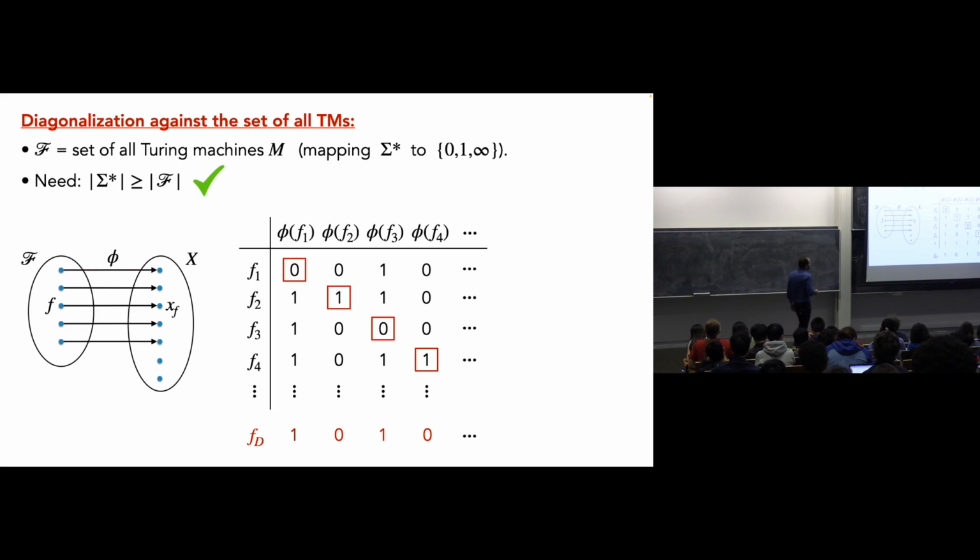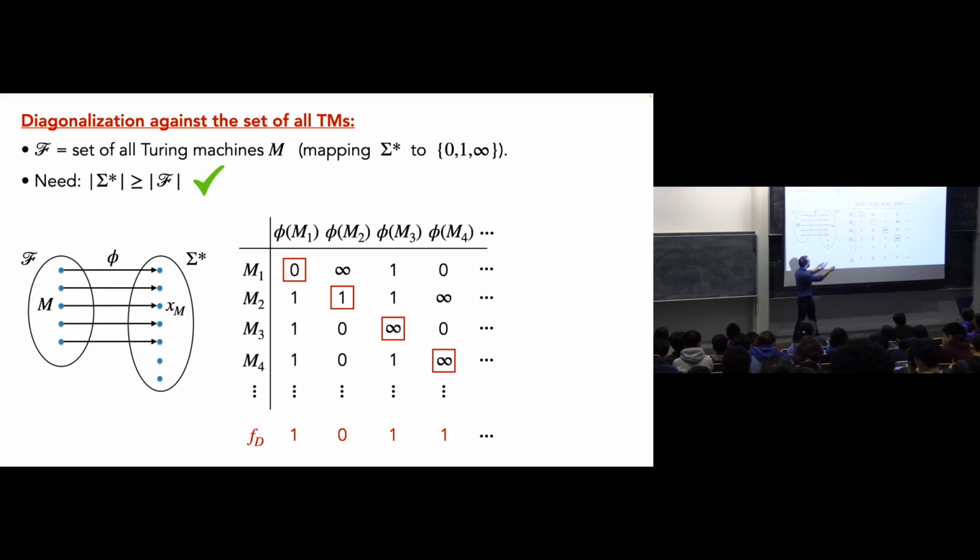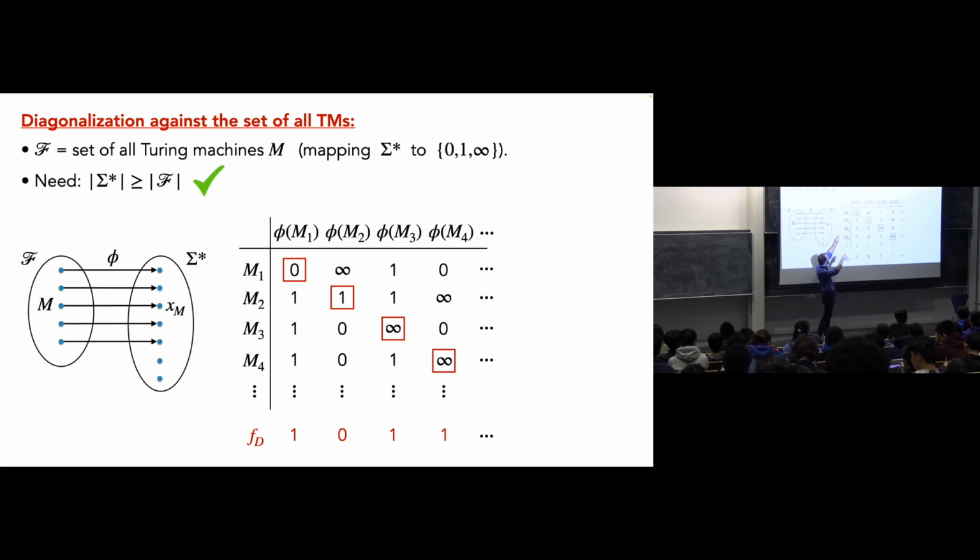Now let me modify this general picture so it fits our particular case. First of all, we know that the set of Turing machines is encodable, so there is an injection phi that maps M to some string, let's call it x sub M. On this side of the diagram, I'm replacing the f's by the Turing machines M1, M2, M3, M4.